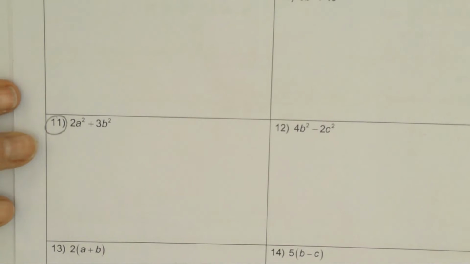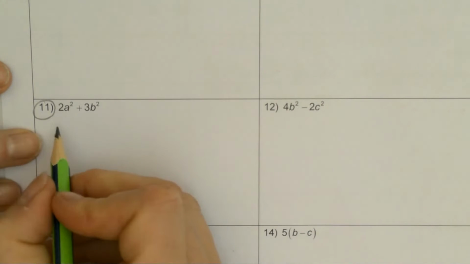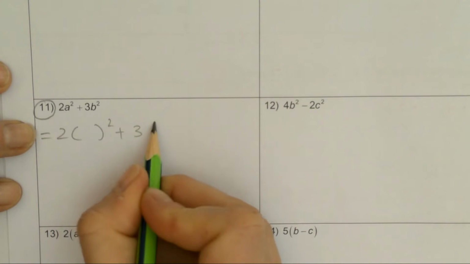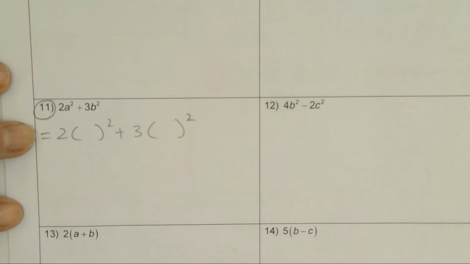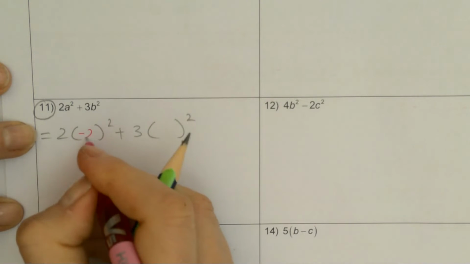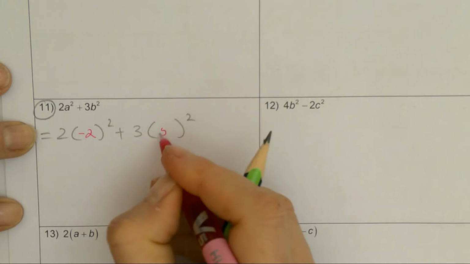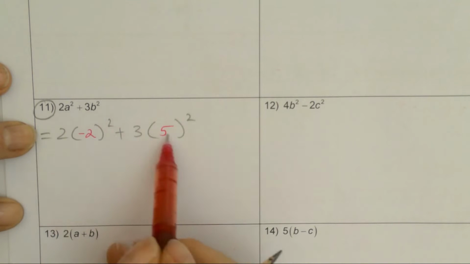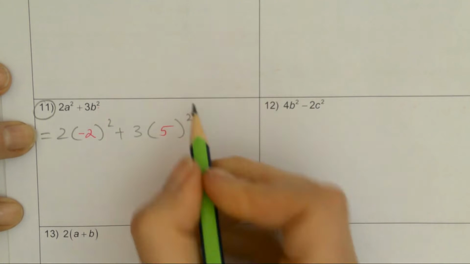Wherever you see a variable, a letter, you're going to put a bracket. Okay, what was A? A is -2, and B was 5. So I'm going to substitute in the -2 for A and the 5 for B. So BEDMAS.